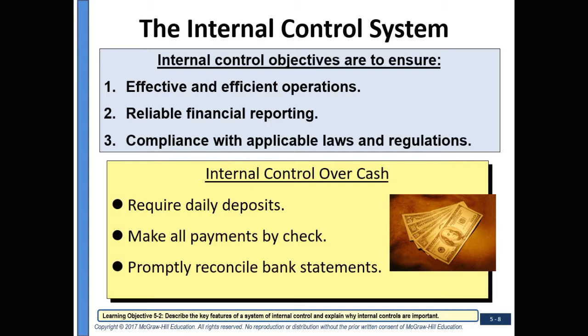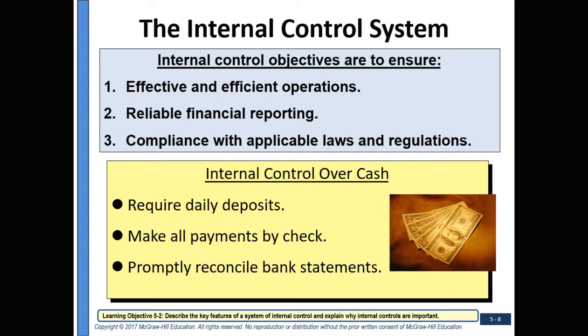So some of the internal controls over cash. This is by no means an exhaustive list. This is something that should, in theory, be happening at every organization. Deposits are made daily. Payments are made by check.